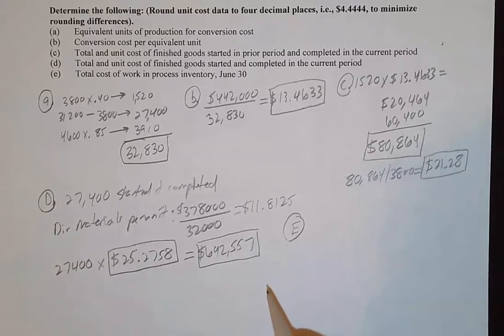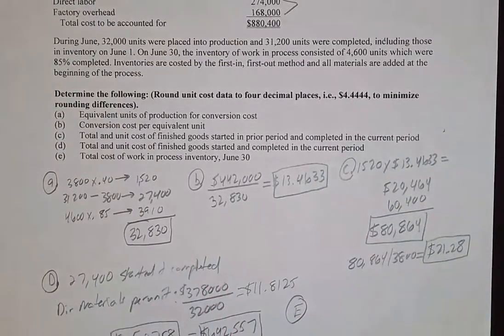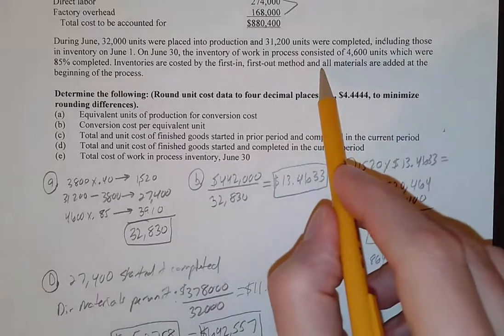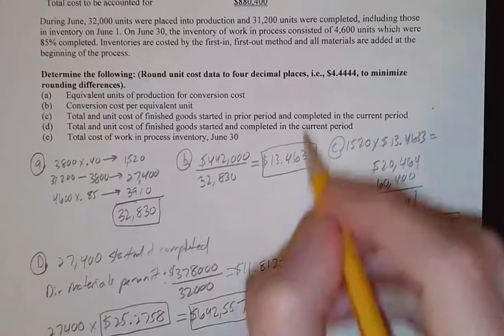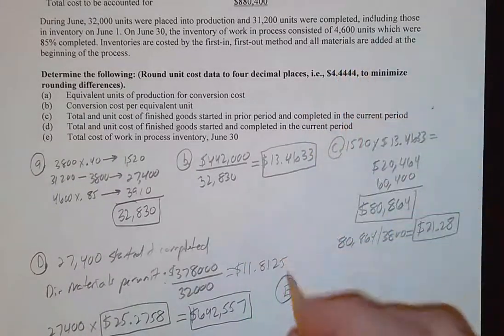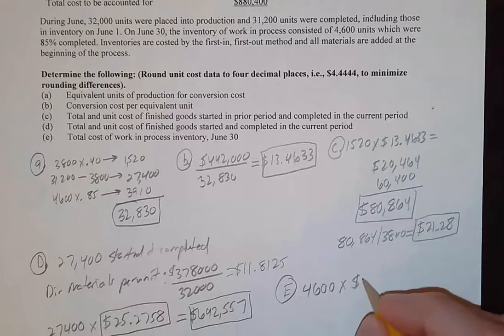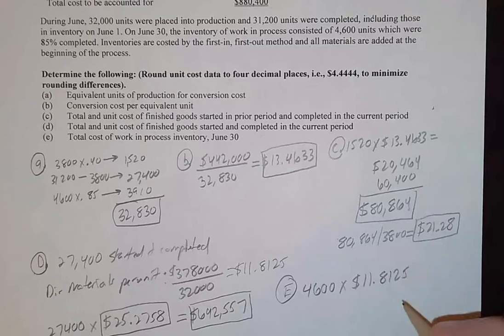We got an issue though, because remember, materials are added at the beginning of the process. So what we're going to do is say these 4,600 units here were 100% complete as to materials. So we can go ahead and multiply this by our 11.8125.